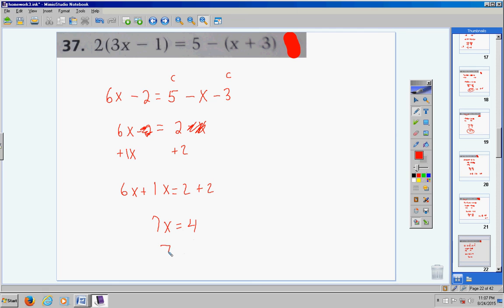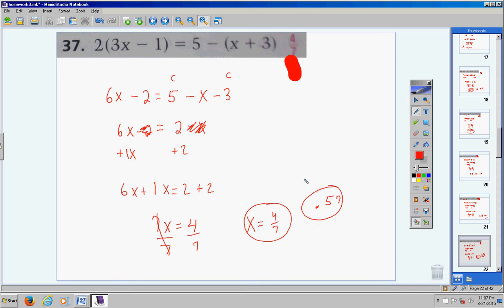Divide both sides by 7. Those cancel. x equals 4 sevenths. Or if you like decimal answers and you type it into your calculator, you're going to get 0.5714. So 0.57 would also be an acceptable answer.